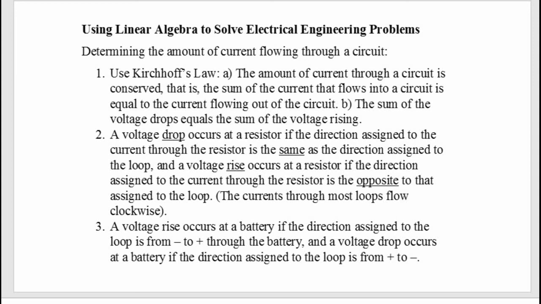But for the battery, if the current that's flowing in the circuit is in the same direction of the voltage, then you have a rise. And if it's opposite, if the current in the circuit is going in the opposite direction of the voltage flow, then you have a drop in voltage.